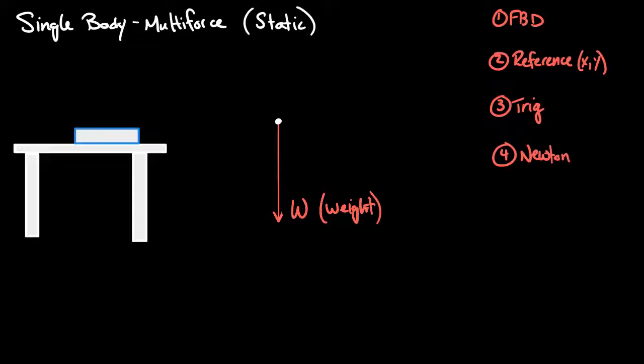Okay, once you've covered that, you're going to go down and start looking at contact forces. You have to apply the contact forces based on the definitions I gave you yesterday, not based on how you would like to apply them. This one's really, really easy. We're going to see if the book is in contact with anything, and the answer is yes. It's in contact with the table. Now, contact with the table means it's in contact with a surface. That's a normal force.